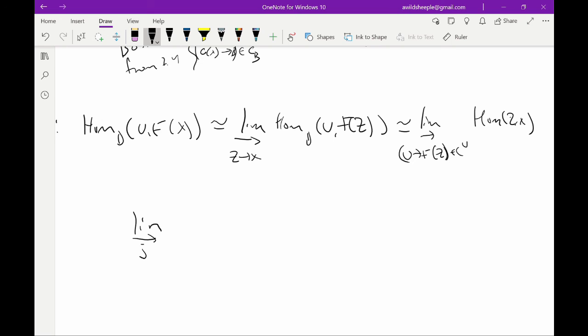We have the limit over the j's. The j's, of course, are the elements of J, the argument of beta, Hom_D of U, f of beta of j, and we have a million parens.